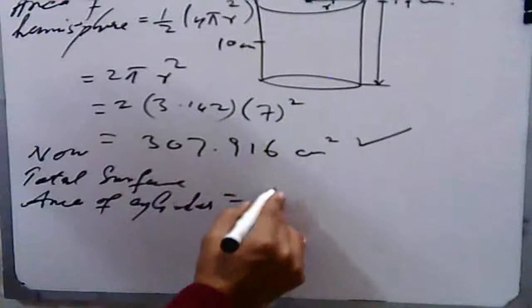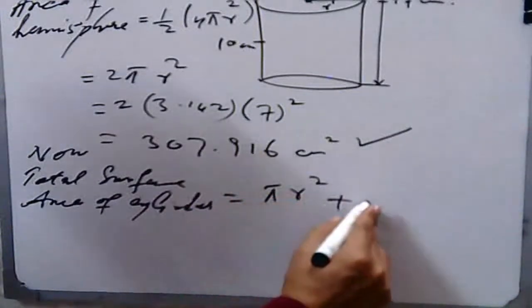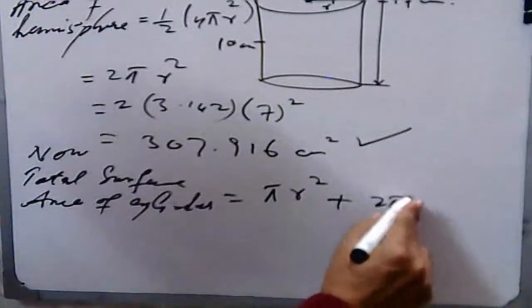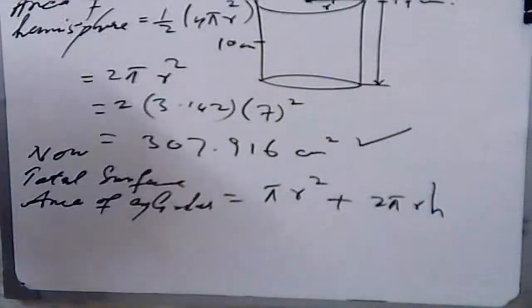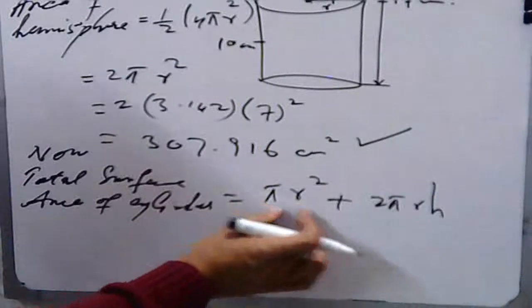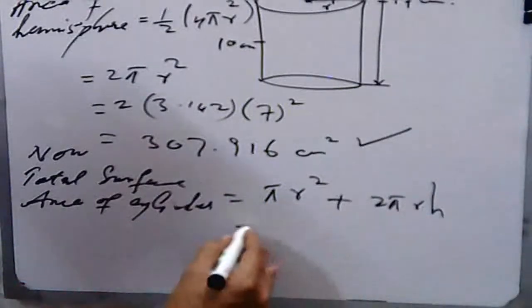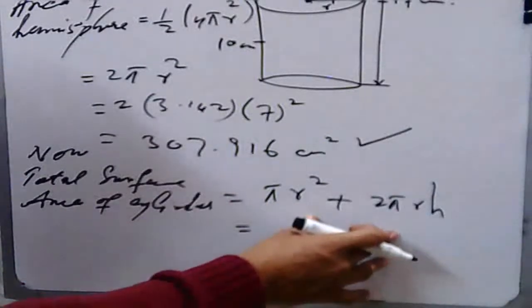That is your formula, because in total surface area we have to find the base area and curved surface area.